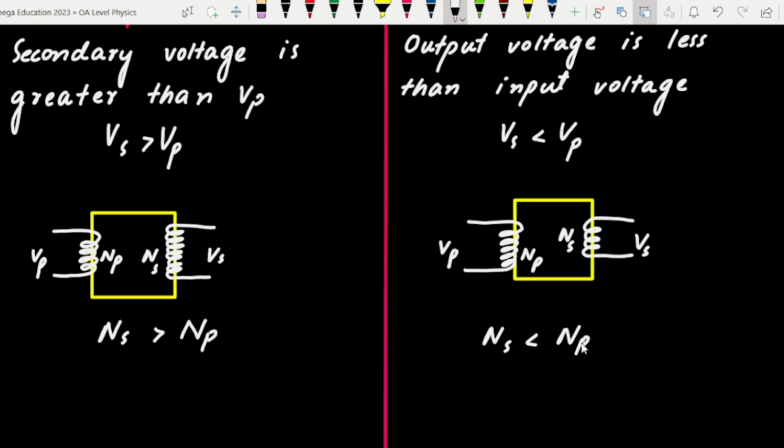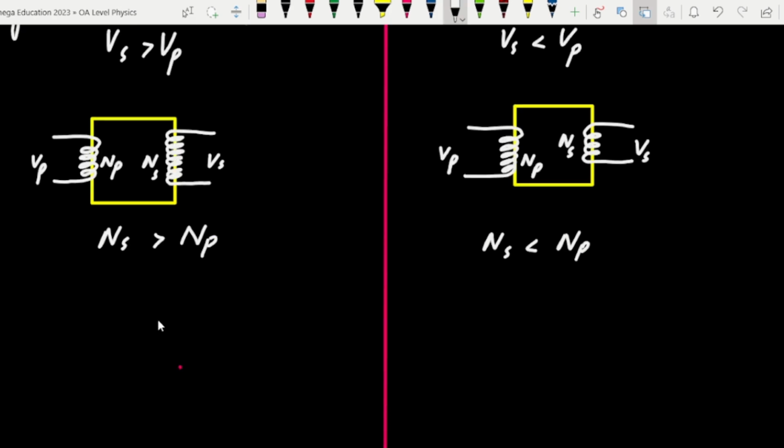So you can figure out from here that the more the number of turns, the more would be the voltage on that side. So if you have more turns on secondary, there would be more voltage on secondary coil, and vice versa. We have to write in terms of current as well, and for the current it would be exactly the opposite.